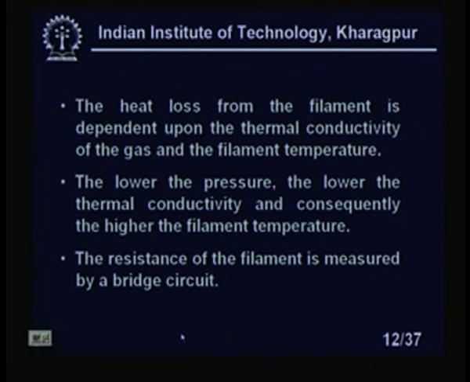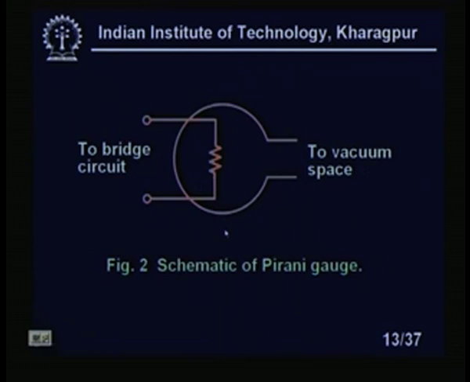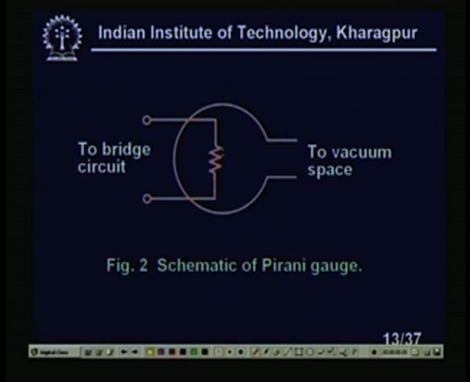The resistance of the filament is measured by a bridge circuit. Now, this is a schematic of a Pirani gauge, not an actual one. You see what will happen here. I have a fitted filament, and I have a number of molecules here. It will be very clear from this diagram. This is connected to the vacuum space in which I am interested to measure the pressure.